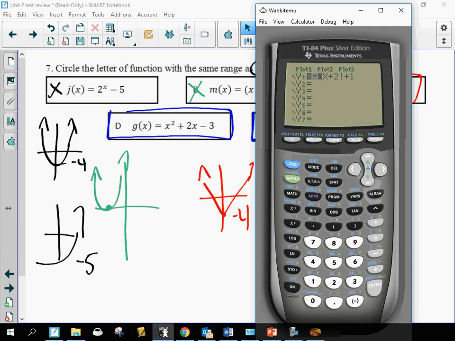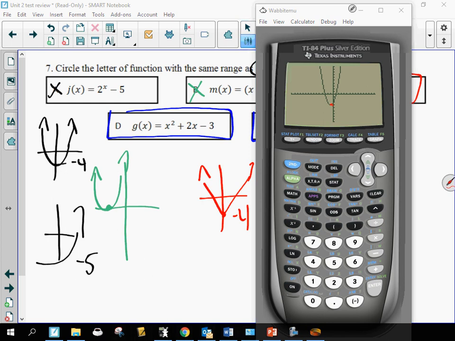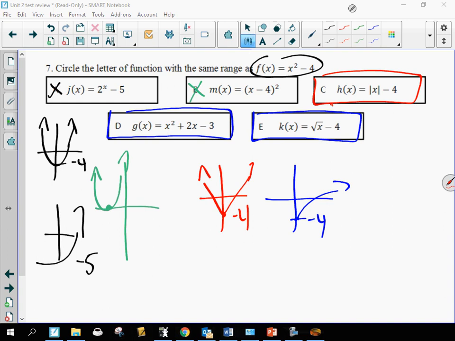Y equals x squared plus 2x minus 3. If we look at the graph, what you can see is that the vertex is actually at -4. So these 3 are the right answers.